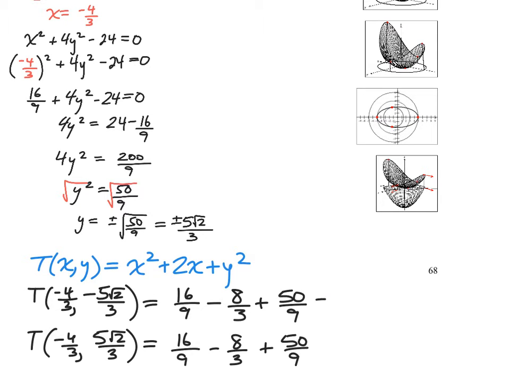So, let's see. 66 over 9 minus 24 over 9, so 42 ninths.